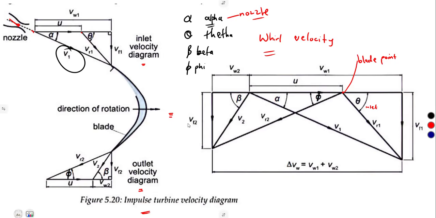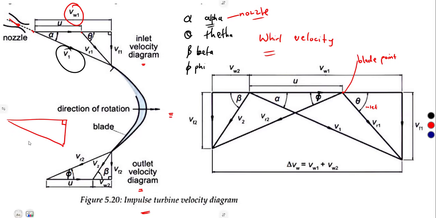That is what is happening. If we consider this, we are going to see that the jet velocity, which is V1 here, is resolved into two components: the tangential component VW1, and the axial component, which is VF1.